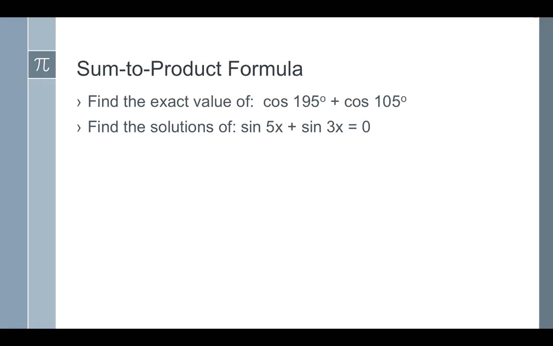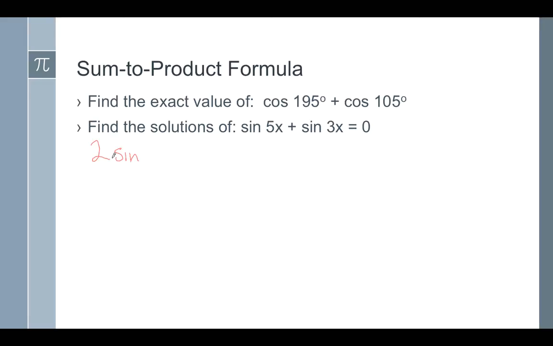All right, so what if I wanted to find the solutions here? We haven't had anything we can do with this in our previous experience yet. So what I want to do is use my sum to product. It's a sum of two different sines.